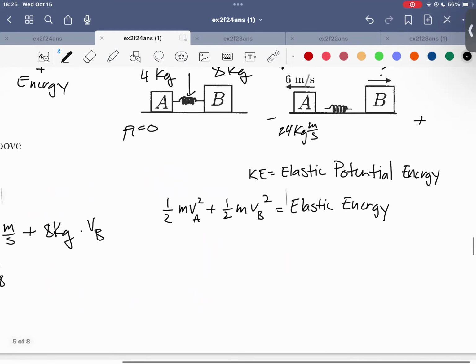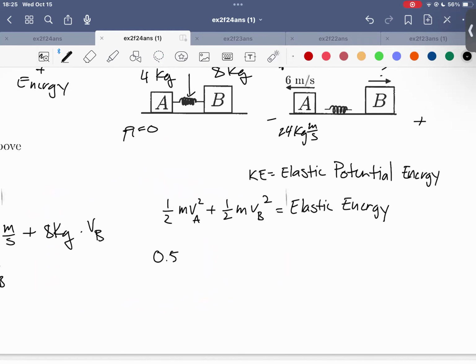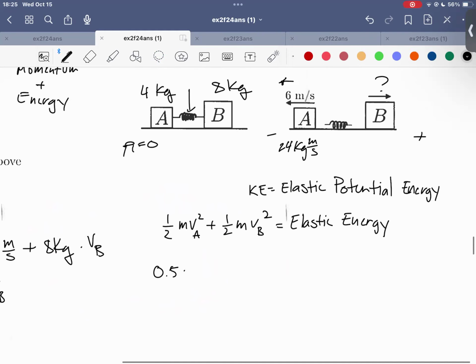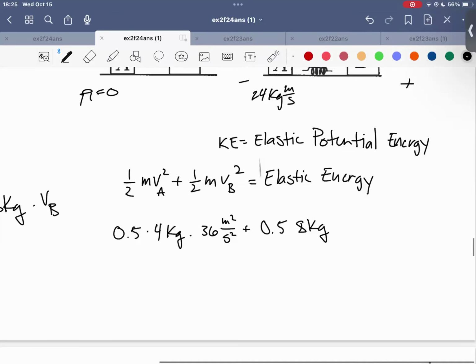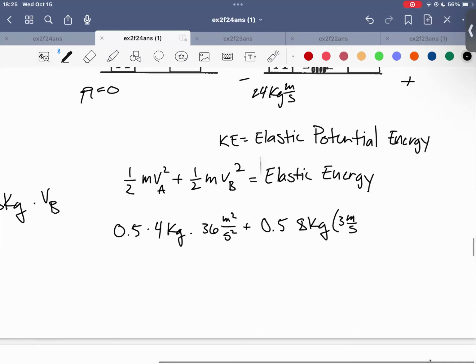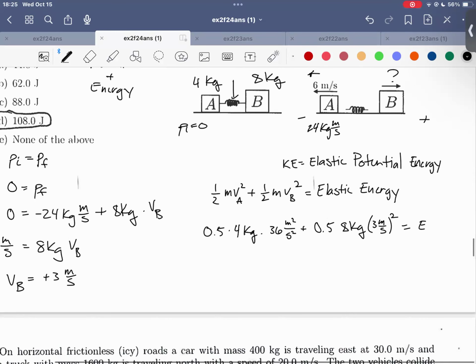And so solving, we say this, and that should give us our answer.